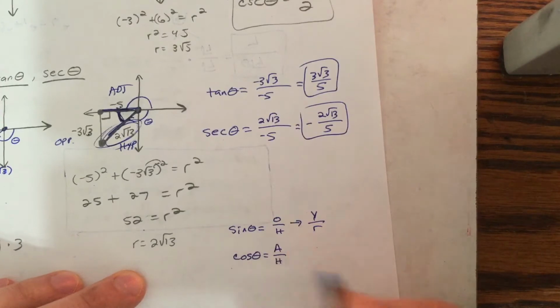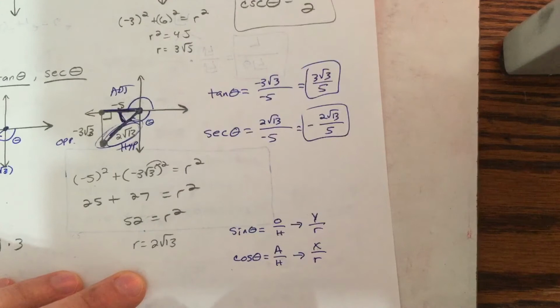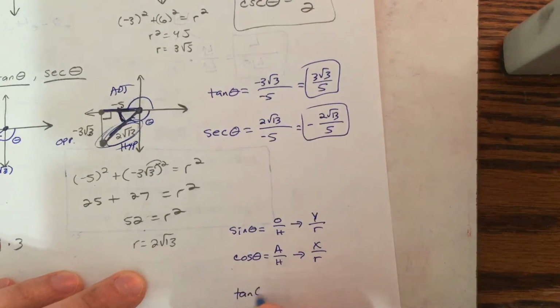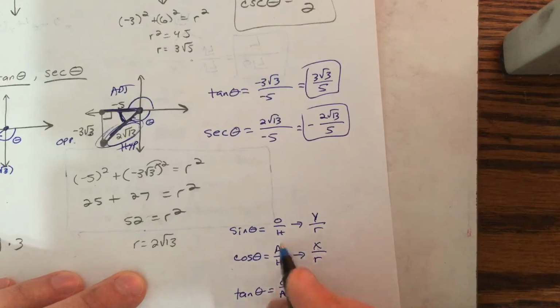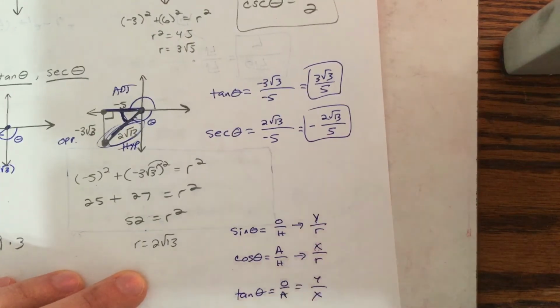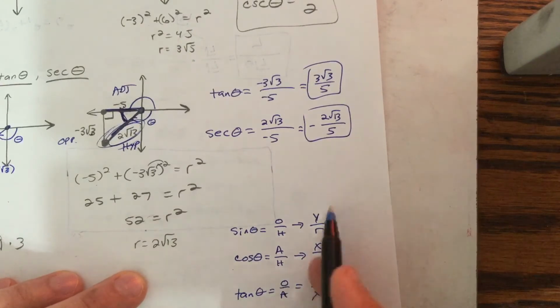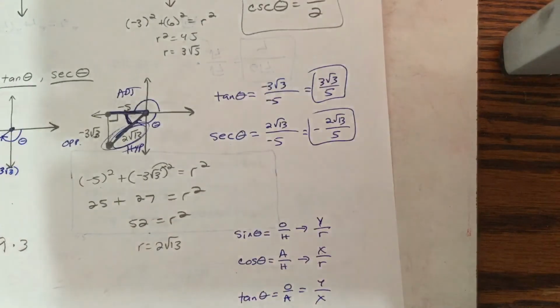Cosine adjacent over hypotenuse, we can write that as the x-coordinate over r. And tangent, opposite over adjacent. Opposite is synonymous with y, and adjacent side is synonymous with x. So this is just how we can use the actual coordinates that we're given.